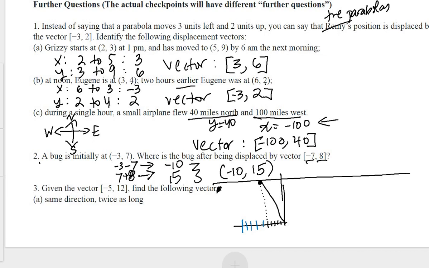So my new x will be about up here somewhere. And my y value also doubles. So I'll have to go 12 higher. So my new point should be here. Okay. So my new vector is going to be negative 10, comma 24.